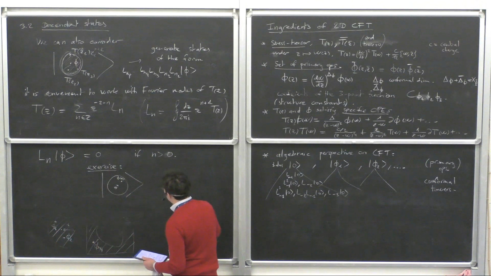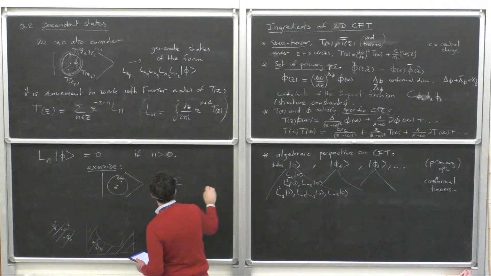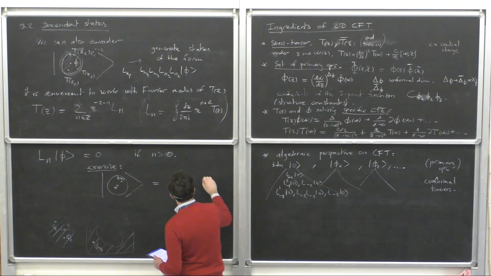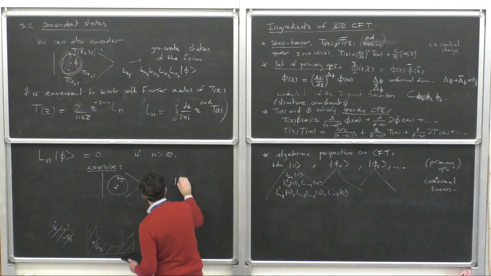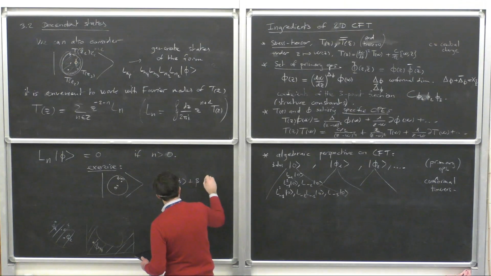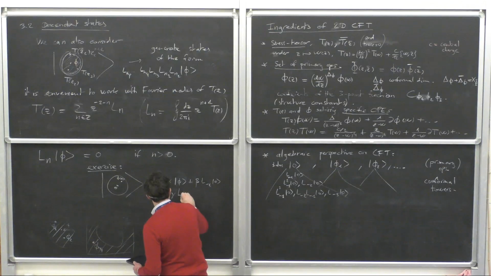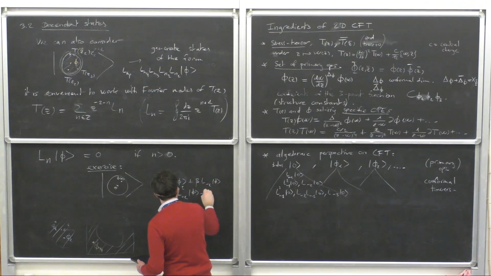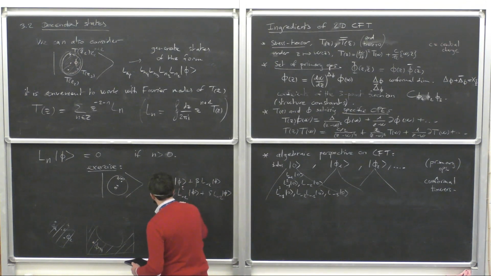So what does it mean? Write the state as a sum of terms of this form: phi with some coefficient, plus all the descendants, plus gamma L minus 1 squared times phi, plus delta L minus 2 phi, and so on.